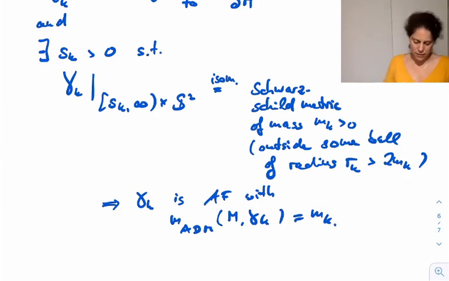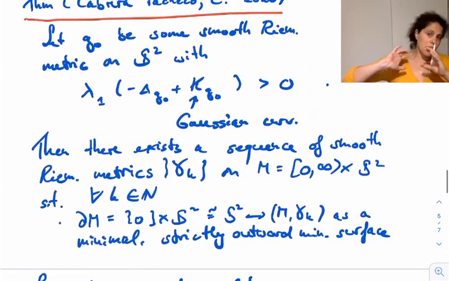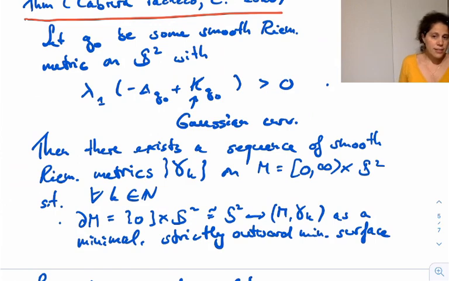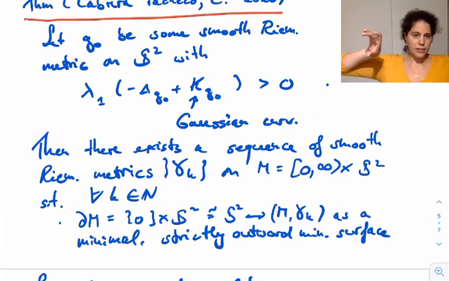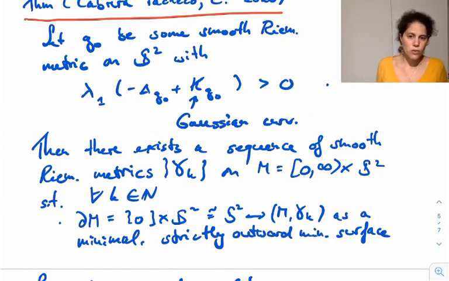Okay, so let me repeat. We have this g naught that you give me as a metric on S2, which has this property that the first eigenvalue of this operator is strictly positive. And then I tell you there exists a sequence of smooth Riemannian metrics on this cylindrical manifold that looks like [0, infinity) with 0 included times S2, such that each metric in the sequence makes the boundary into a strictly outward minimizing minimal surface.